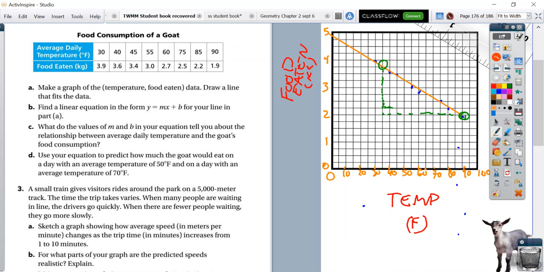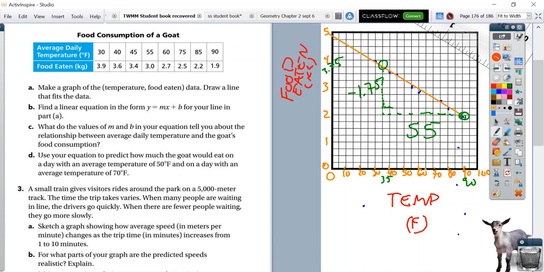All right, so how far down? So we went from 3.75 down to 2. So that's a difference of negative 1.75. How far over? So that's 35. And that goes to 90. The difference between 35 and 90 is going to be 55 degrees.